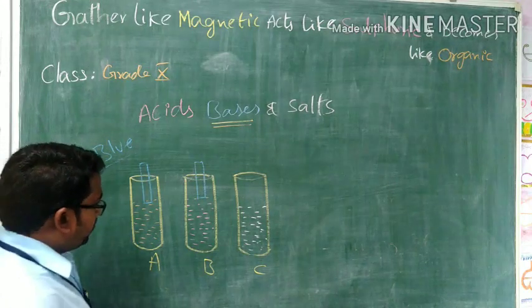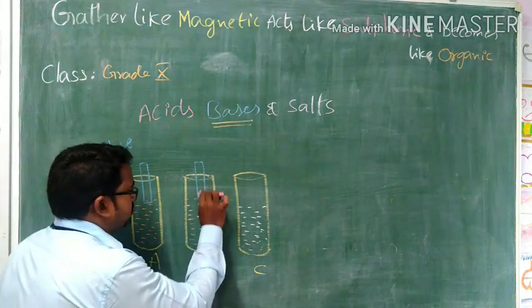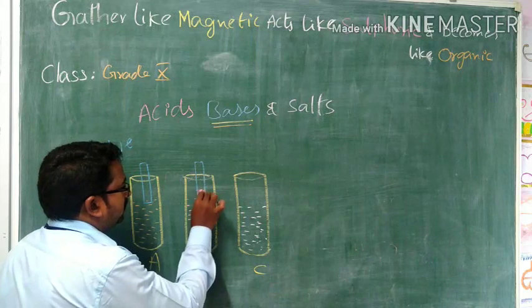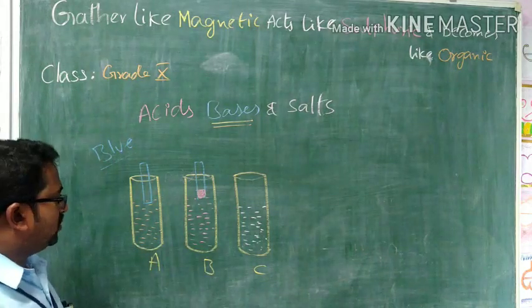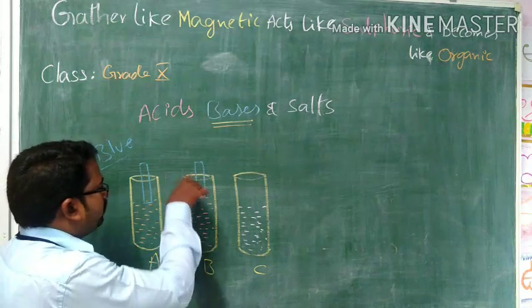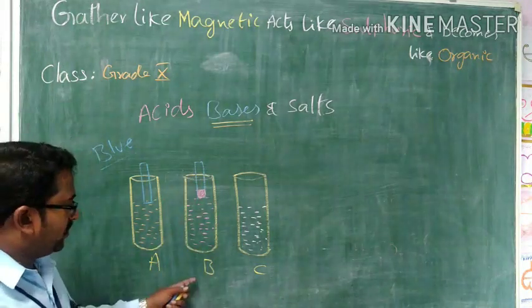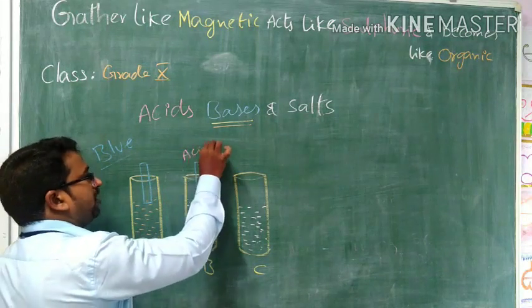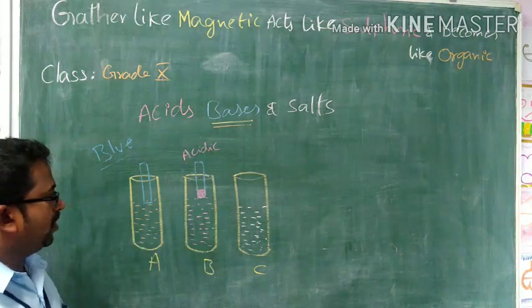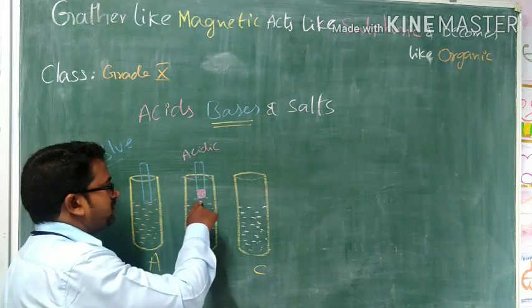There it changes into red. Okay, so it is clear that the blue litmus changes into red. So what is the nature of B solution? Yes, it is acidic in nature.